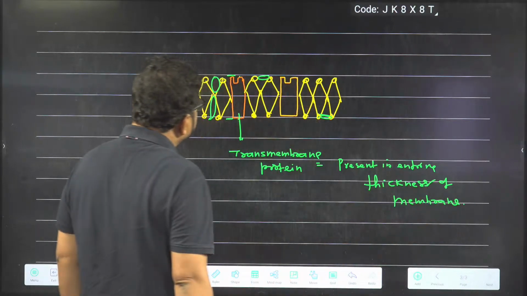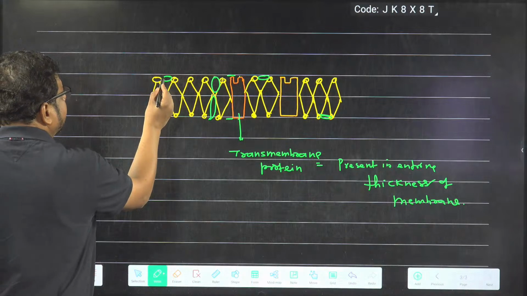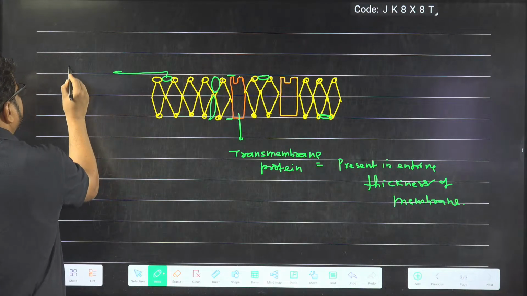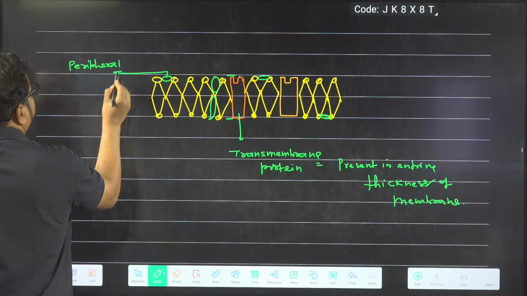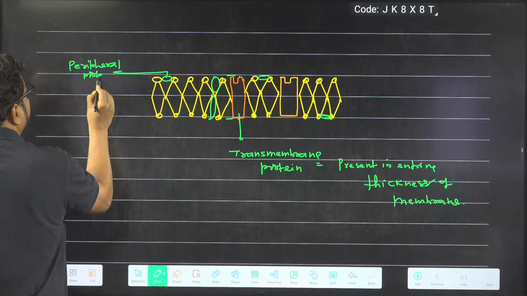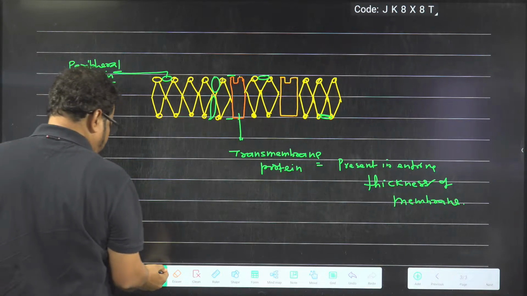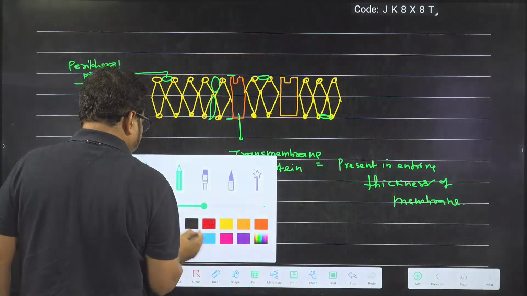Got the idea? Understand the idea? These are peripheral proteins. For your understanding, I am writing peripheral protein. Now one student asked about cholesterol, so I am making cholesterol here also.